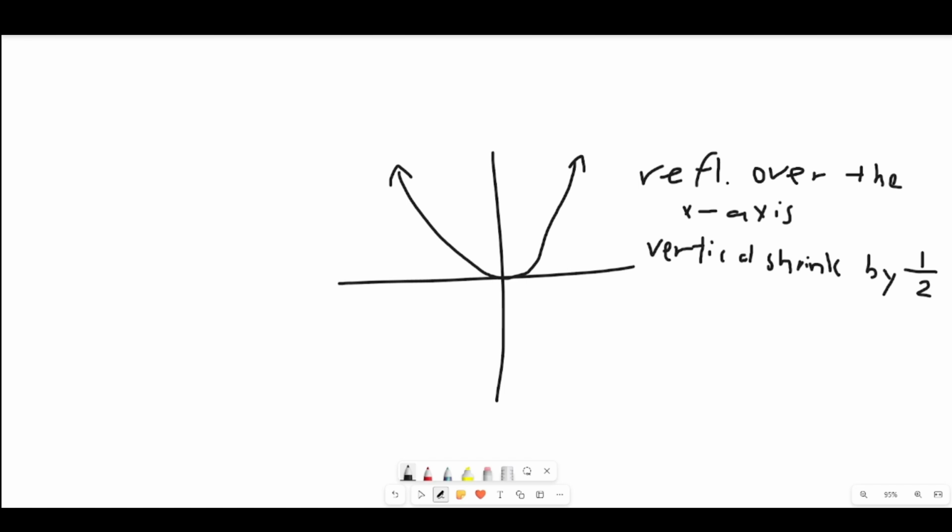Then, so this is three steps: first, reflection, second, the shrink, and then third step, finally, 4 up. What would this graph look like? This is slightly more challenging. You can pause the video, have a look at this problem for a bit. You don't have to have the exact values for this graph, just a general idea.